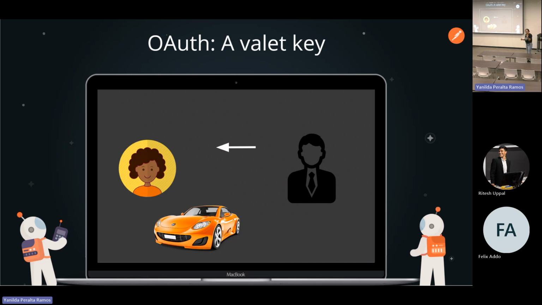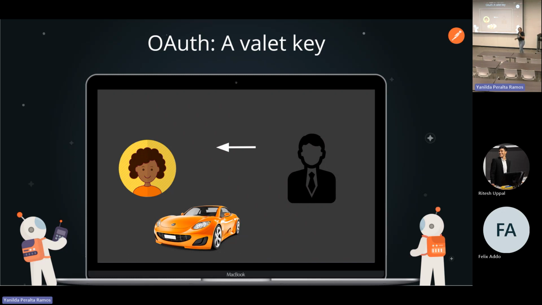With this valet key, when you go to those hotels, you can give this valet key to the valet people at the hotel, right? And then they can take this valet key and drive your car to the parking place of the hotel, right?